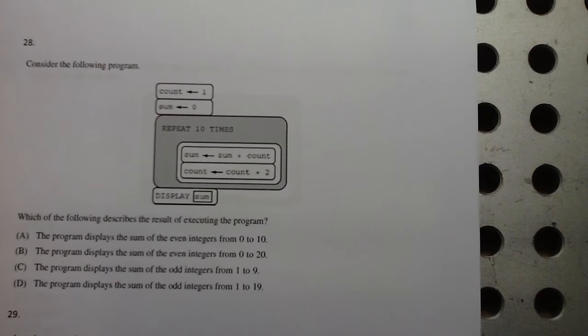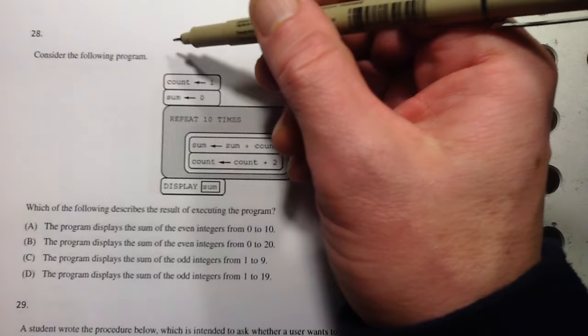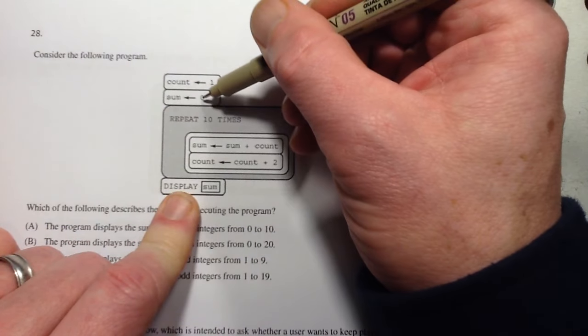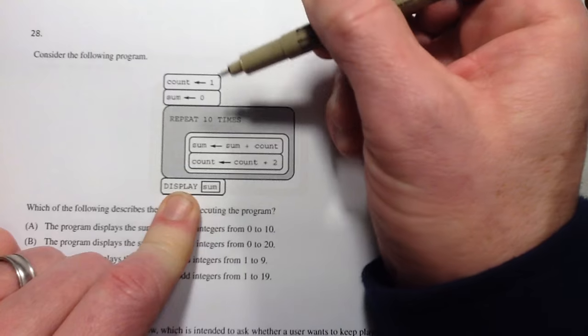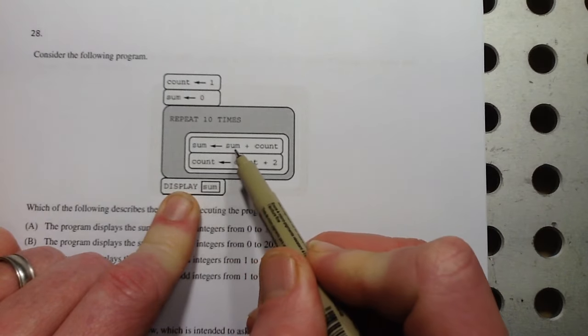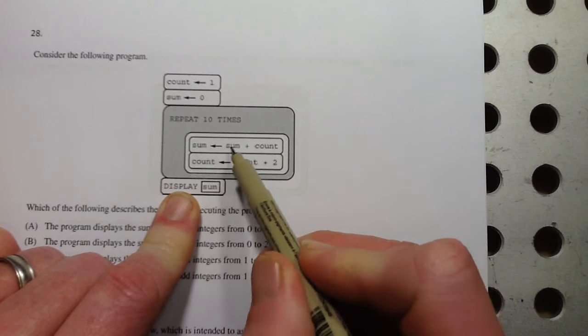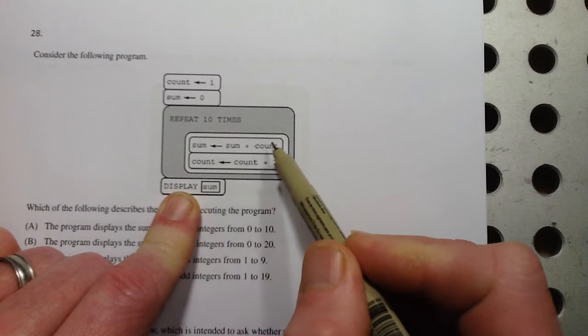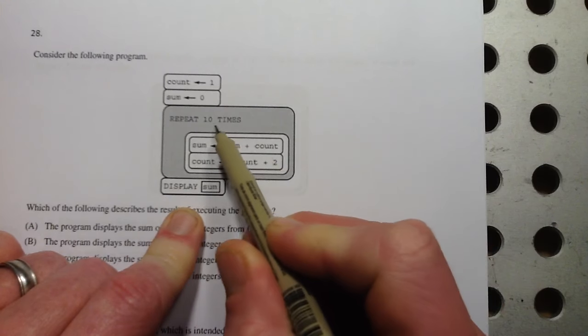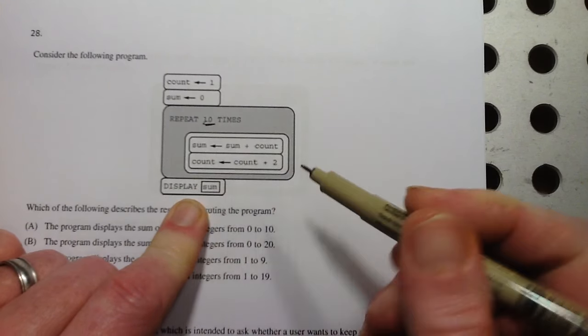All right, the real number 28. Consider the following program. Okay, I'm going to start my count at 1. There's a sum that's set to 0. Repeat 10 times. New sum is equal to sum, starting at 0, plus count, count starts at 1, and then I'm going to increment the count by 2, and then I'm going to repeat that 10 times.